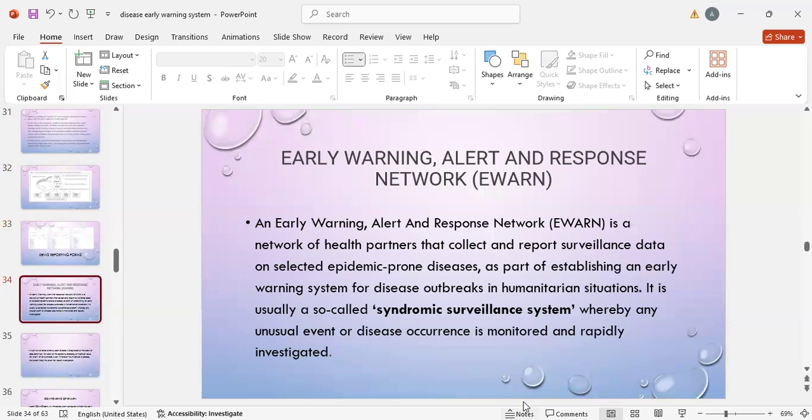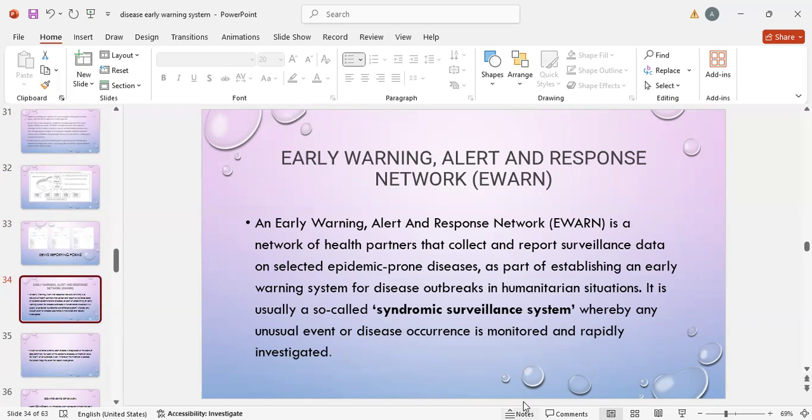Early warning alert and response network, EWARN. An early warning alert and response network, EWARN, is a network of health partners that collect and report surveillance data on selected epidemic-prone diseases as part of establishing an early warning system for disease outbreaks in humanitarian situations.